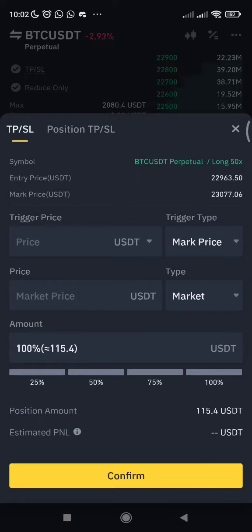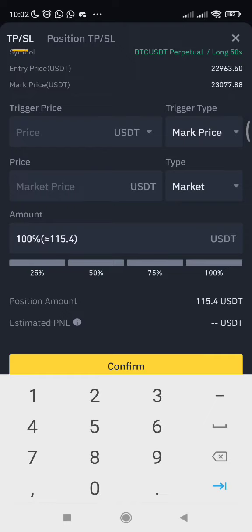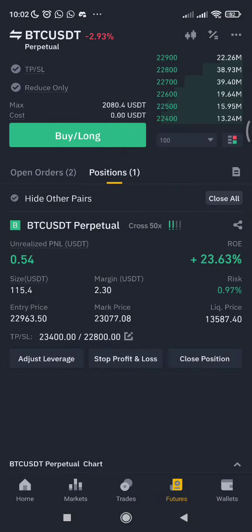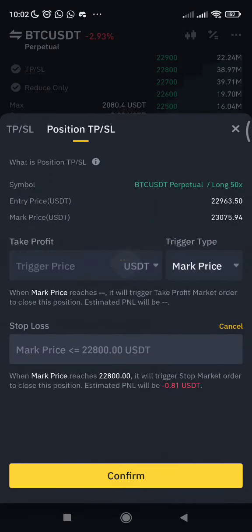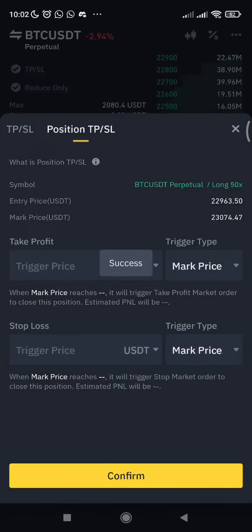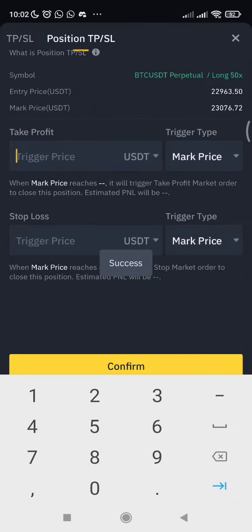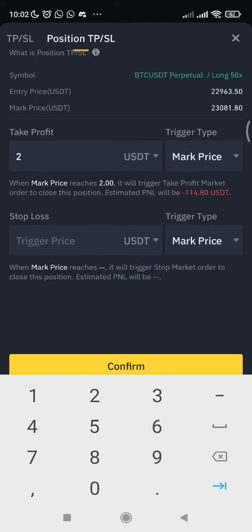Go back to stop loss. First, you can cancel the old one. Click here to edit, cancel the old one, and then change your stop loss. It's very good to adjust your stop loss so that you can hedge your funds, if your trade is going well.